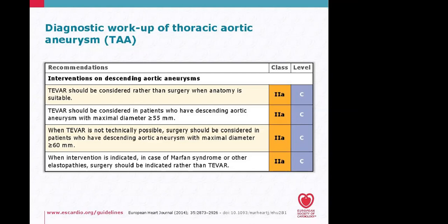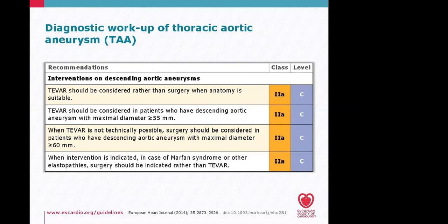Maybe Hussein, you know better. I think this number, 3, 6, 1 year, then annually, is to follow chronic dissection or follow after surgery. For patients with borderline sizes, we have to follow every 6 months. The other patients annually.